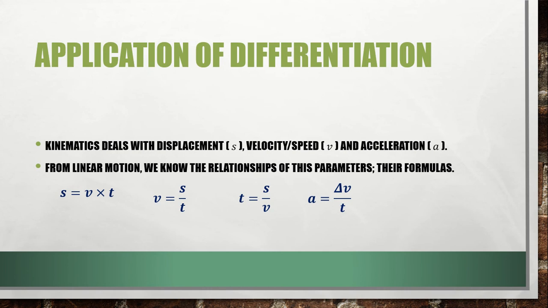Velocity was said to be the rate of change of displacement per unit time, or with respect to time. Time itself is also the rate of change of displacement with respect to velocity, or the rate of change of displacement per unit velocity.